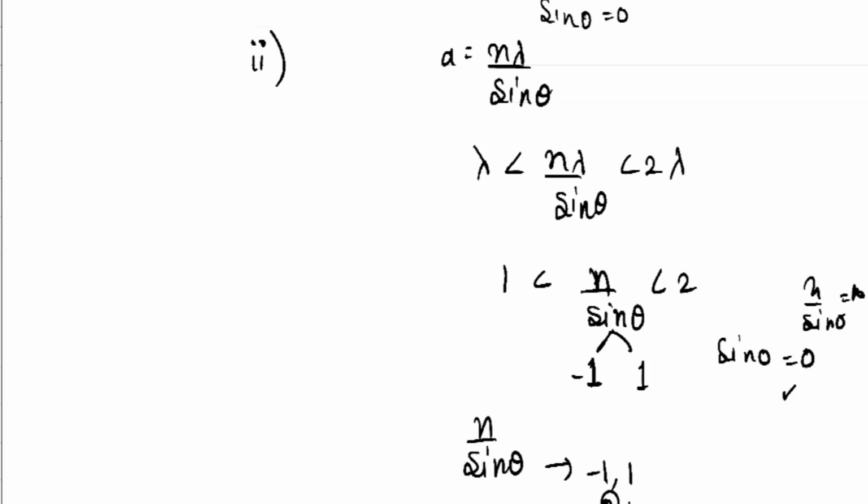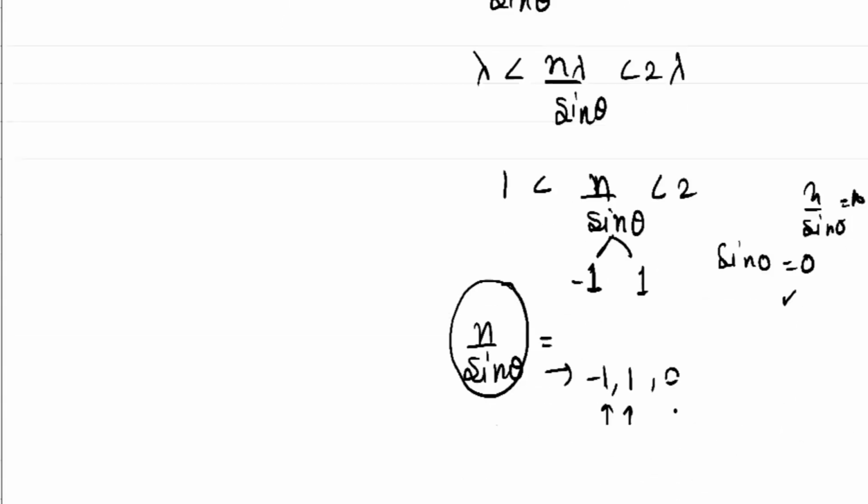So this n by sin theta term can have -1, 1 and 0 as the values, and the whole value can be 0 if n equals 0. So we can say that if we take n equals 0, then we have maxima at the center.